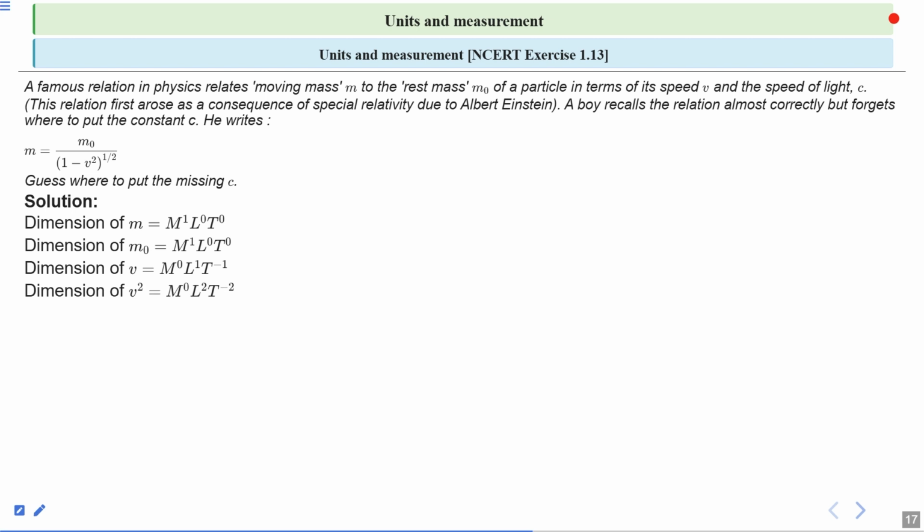So we are just writing the dimensions. The dimension of speed of light and the dimension of velocity are both the same. That we all know.